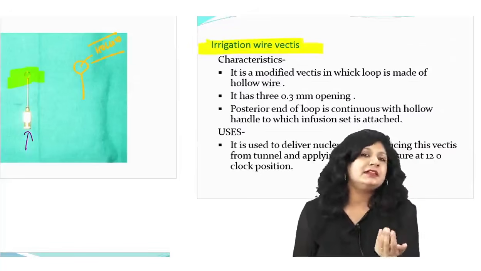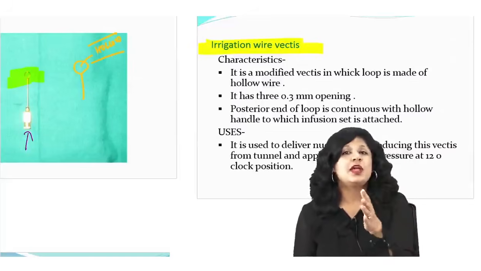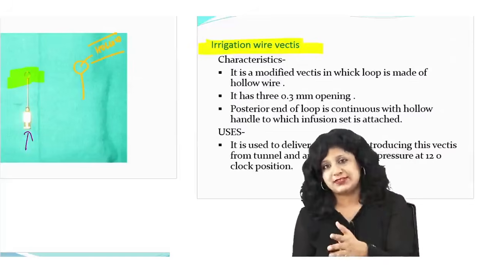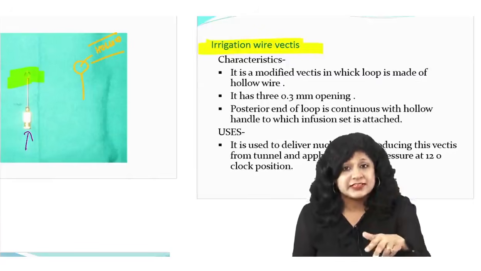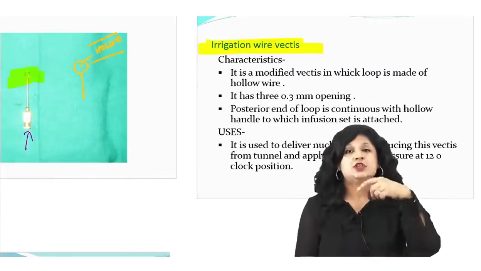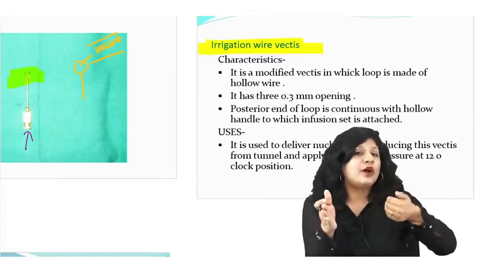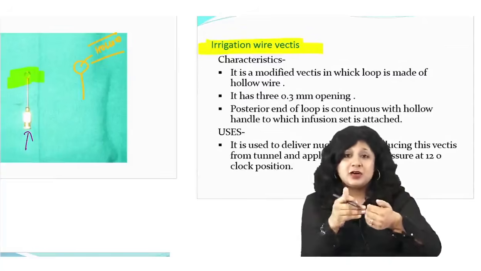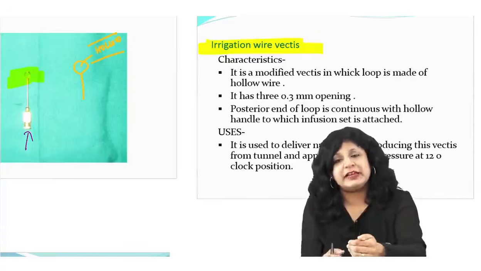For example, if you want to do the hydrodelineation, every time you do the cataract surgery, hydrodissection is a must, right? The balanced salt solution with the glutathione is the best irrigating fluid. You have to push it so that you are separating the capsule from the cortex, right? Now this cortex has to be separated from the nucleus.